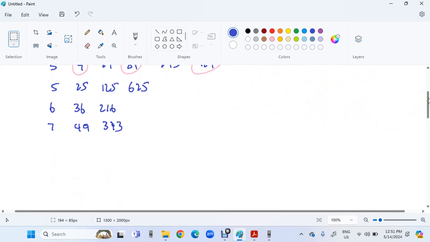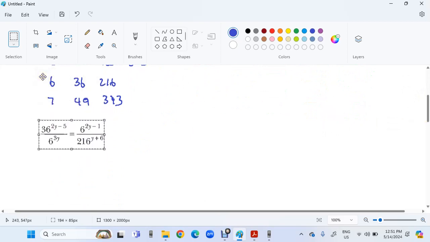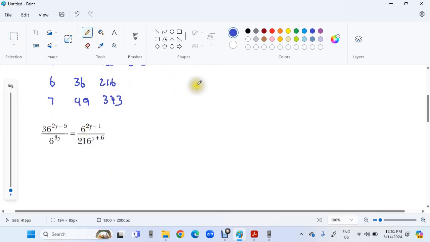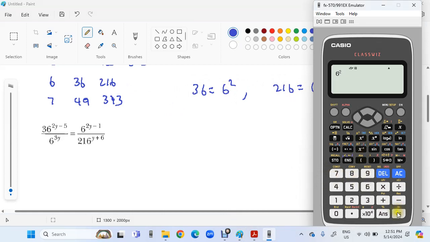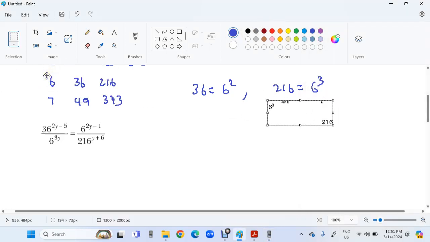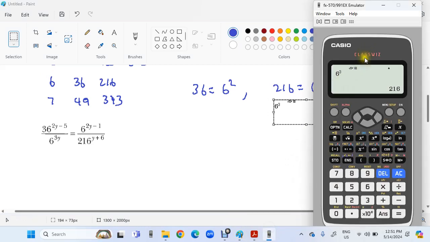Okay. So for this one, we have 36. So 36 is 6 squared. And 216 is actually 6 cubed. So we have 6 square here, 36, 216. So 6 power 3 is 216. Okay, so for this one, we cannot use the fact.